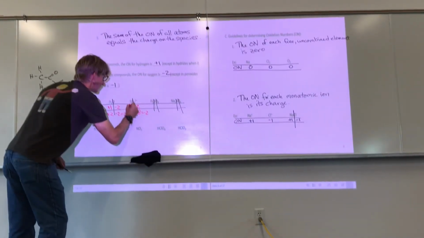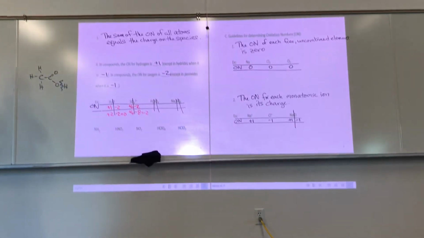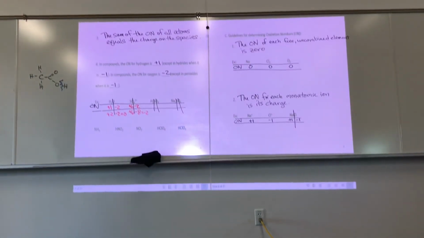Now, do you remember on the previous slide that was right there, I said, these are hypothetical charges. There is no such thing as a +6 charge on anything. Sulfur cannot lose 6 electrons ever. That's what I mean by hypothetical.